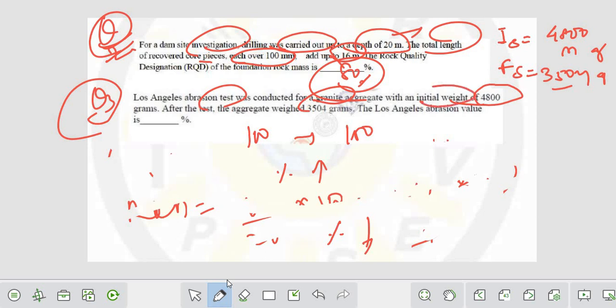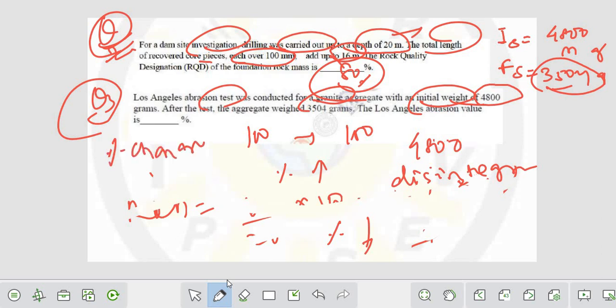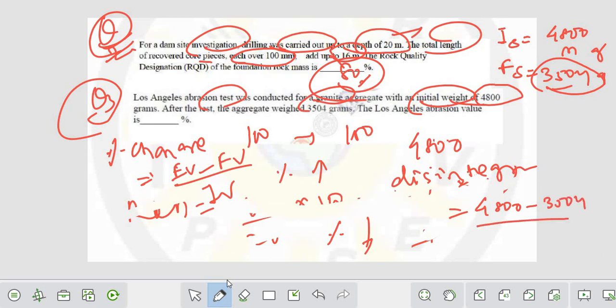There will be the initial weight 4800, 3504 फाइनल वैल्यू है। सो आफ्टर द टेस्ट कितना आपका लॉस हो रहा है, that is the amount of disintegration. This is simply like percentage change, है ना, initial value minus final value by initial value, right? So the answer will be 4800 minus 3504 by 4800. Calculate this, ठीक है? This is the Los Angeles abrasion test.